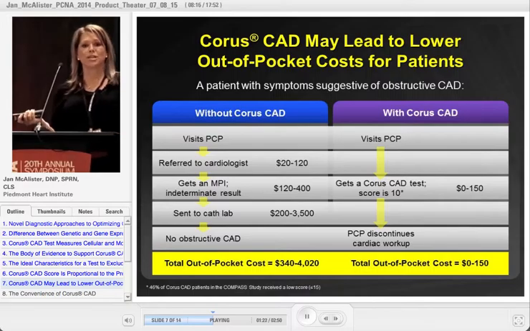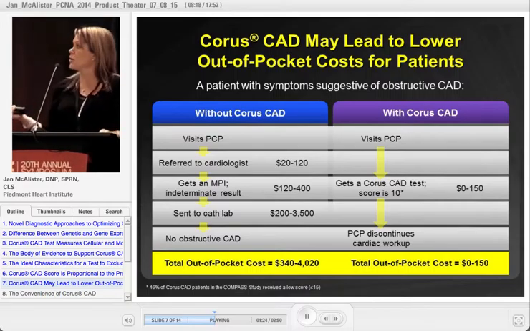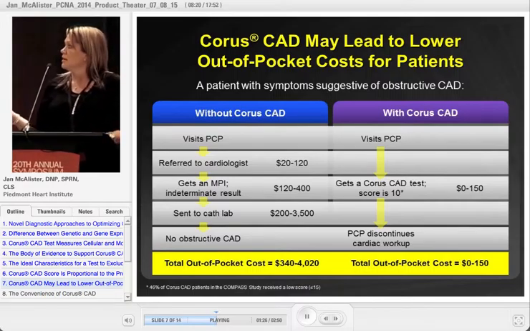So what can we do to cut down on healthcare costs? The patient goes to see the PCP. The PCP gets a Corus CAD test. The score is 10.